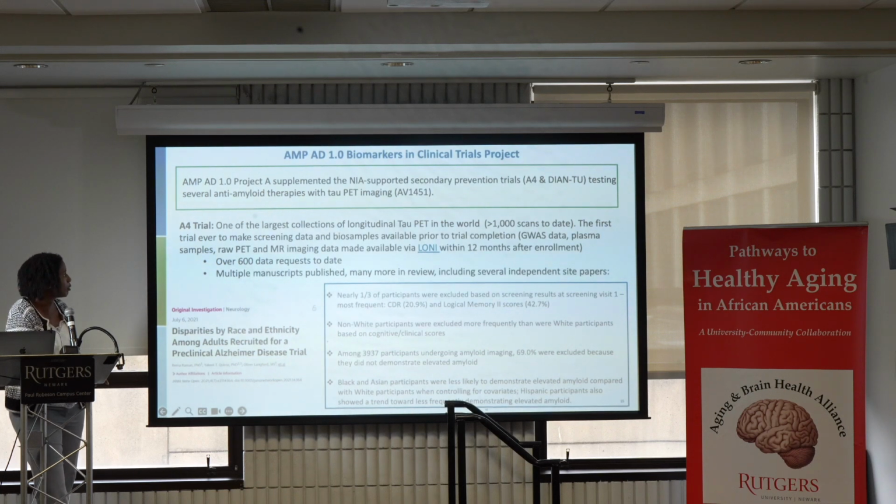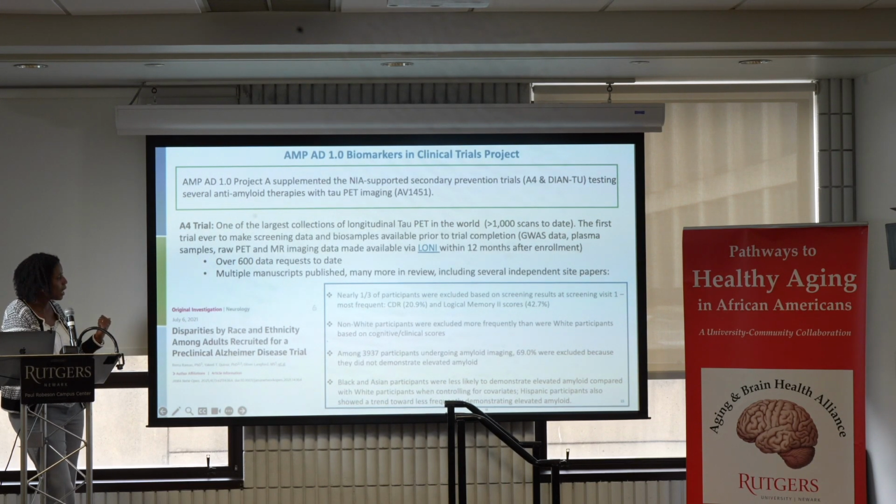This was touched on a bit earlier. This slide is really to emphasize the importance of including diverse populations in our clinical trials. I believe the previous presenter from Eli Lilly touched on this. This was on the A4 trial where they really aimed to identify diverse populations but failed to do so because of the eligibility criteria for amyloid.